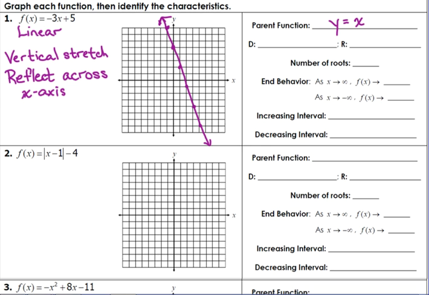So instead of increasing from left to right, it's going to be decreasing from left to right now. And then we also shifted it up 5 units because of that +5 on the end. You've probably never seen a linear function talked about in terms of translations, but the same thing still applies. We multiplied it by 3, we multiplied it by a negative, and we added 5 to it. So there were 3 translations compared to just y equals x.